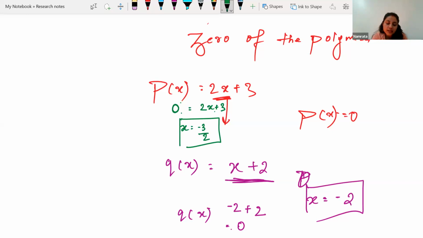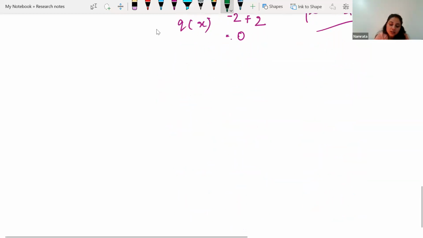Now the next concept related to this, let me check few questions. Finding 0 of the polynomial in each case.